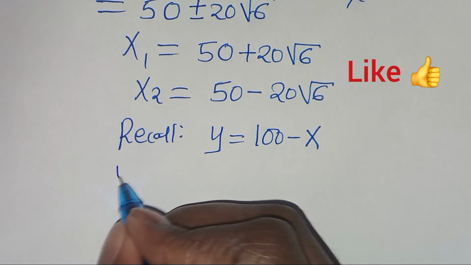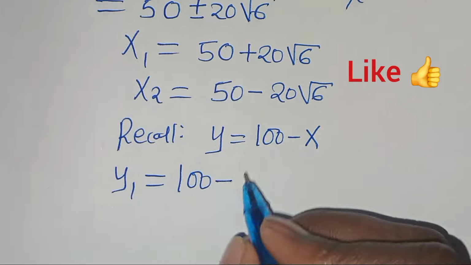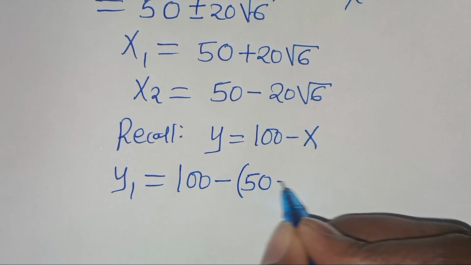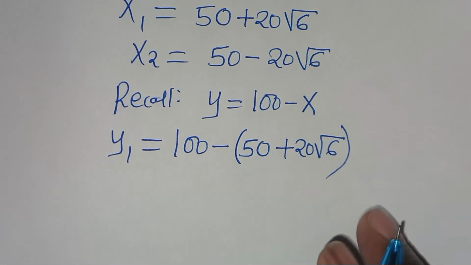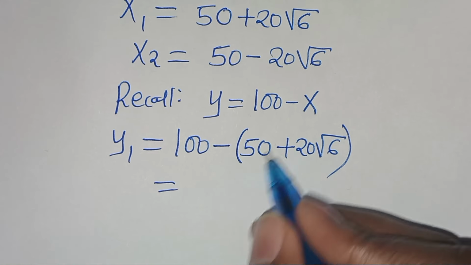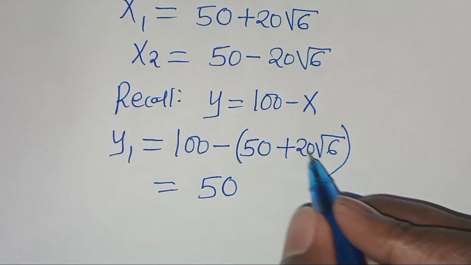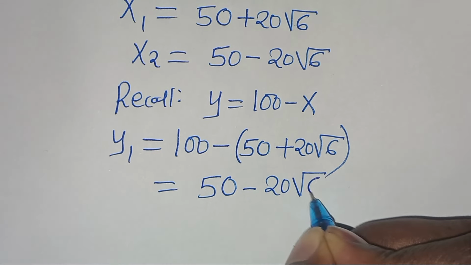So we have that y1 is equal to 100 minus x1, which is 50 plus 20 square root of 6. So here we have 100 minus 50 plus 20 square root of 6, so this is minus 20 square root of 6.